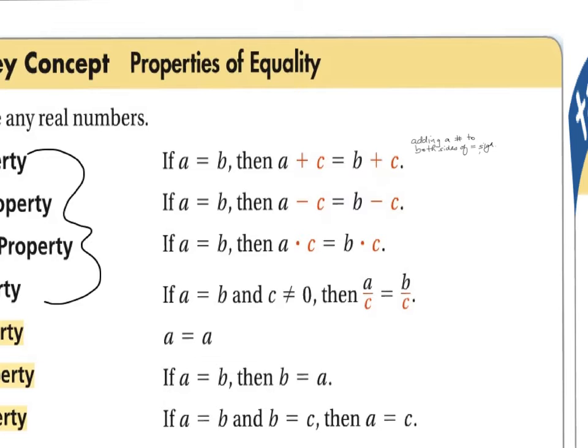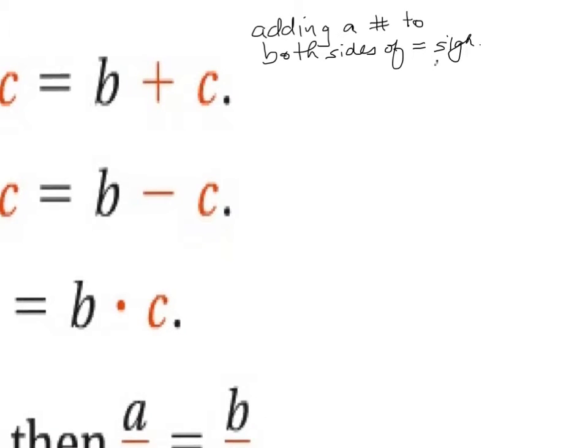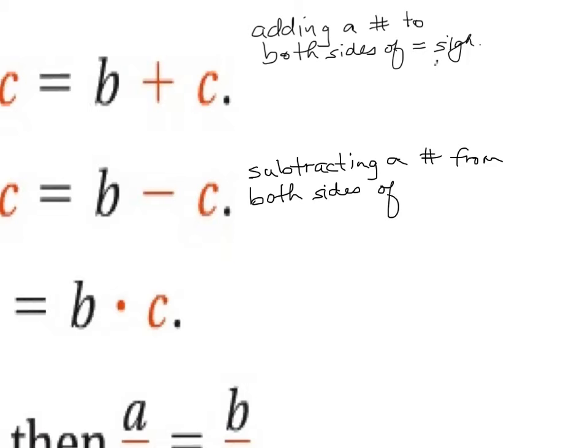Okay? So when I zoom in on these, I'm going to write these down. You want to make sure you have these written down on your sheet as well. This is subtracting a number from both sides of the equal sign. Again, it has to be to both sides.